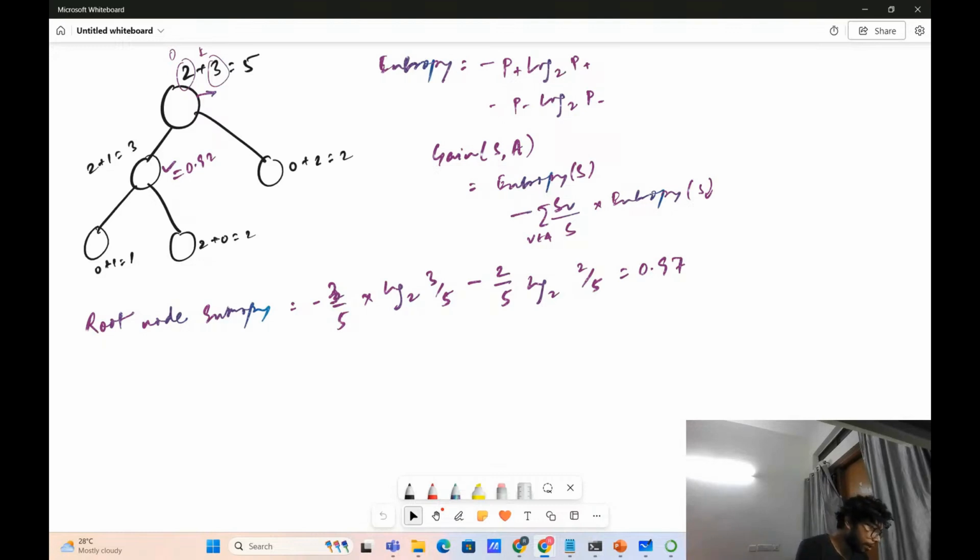But can anybody tell me what will be the entropy for the leaf nodes, these three nodes? What is the entropy for these three nodes? If you are following the Gini impurity part, you can also answer this.